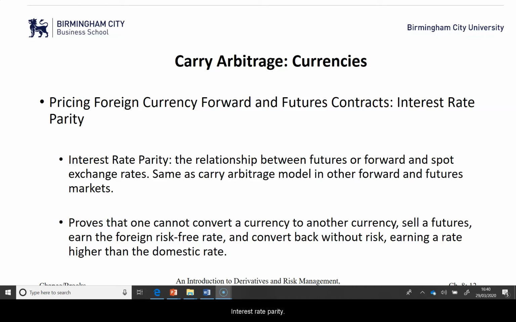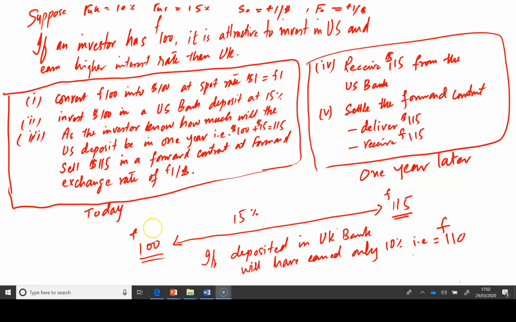Interest rate parity implies that the forward rate or the future rate on a currency should reflect the interest rate differential between two countries. And this is important to avoid arbitrage.